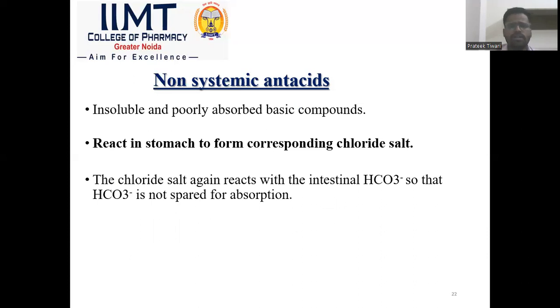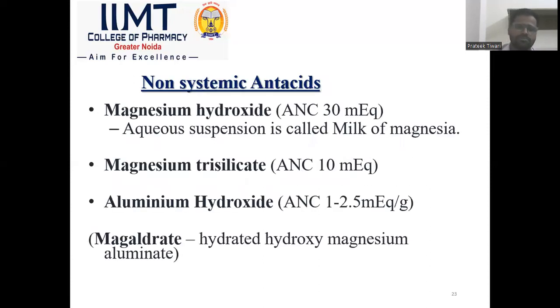Basically, it is an insoluble, poorly absorbed basic compound. It reacts in the stomach to form the corresponding chloride salt, and this chloride salt again reacts with the bicarbonate present in our intestine, so it is not available for absorption. These include magnesium hydroxide, magnesium trisilicate, and aluminum hydroxide.